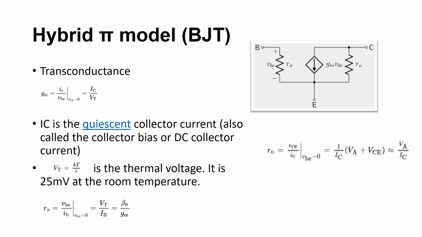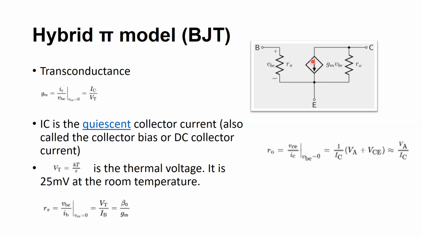So this is how you can get the hybrid pi model for a BJT. You simply draw the terminals, have the input resistance, have the output resistance, and this is a dependent source, which has a value of gm times vbe.